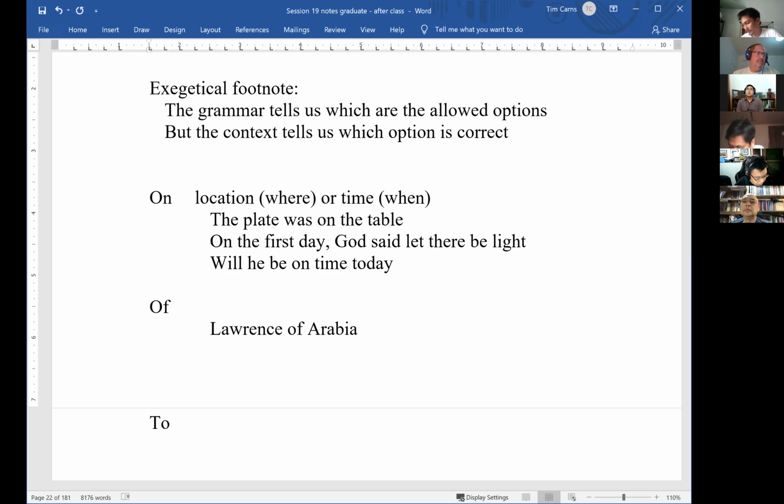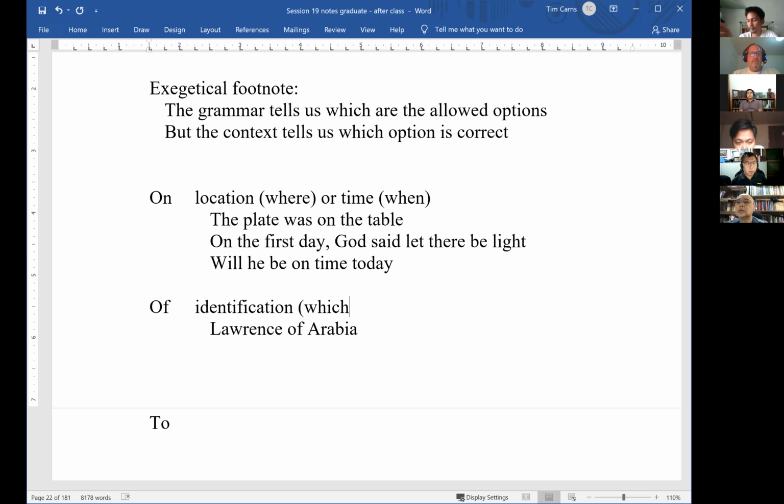It's from, or place. Yeah, in this case, it'd be maybe an identification. Which Lawrence?